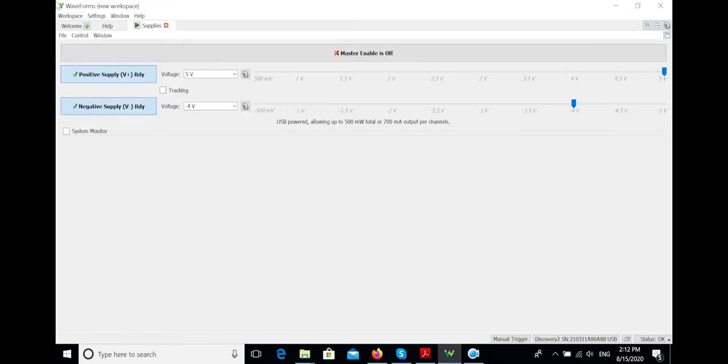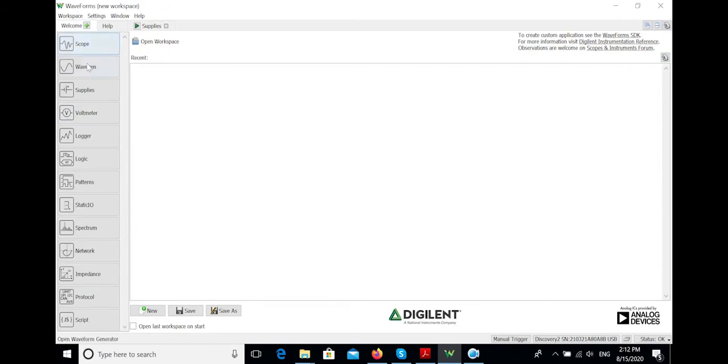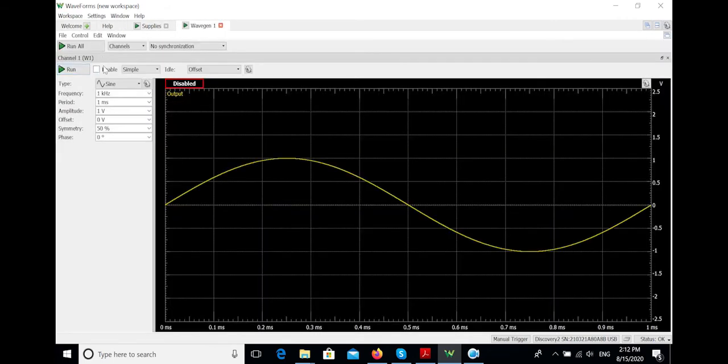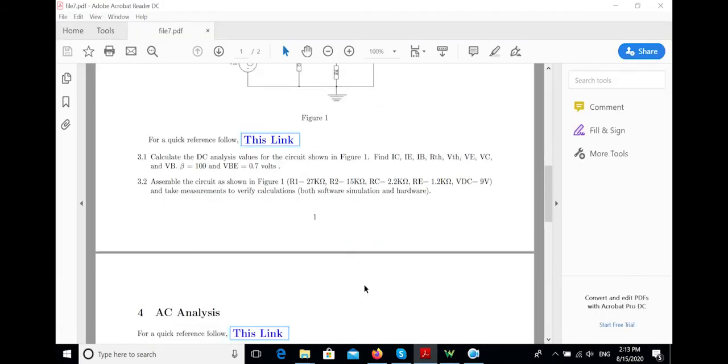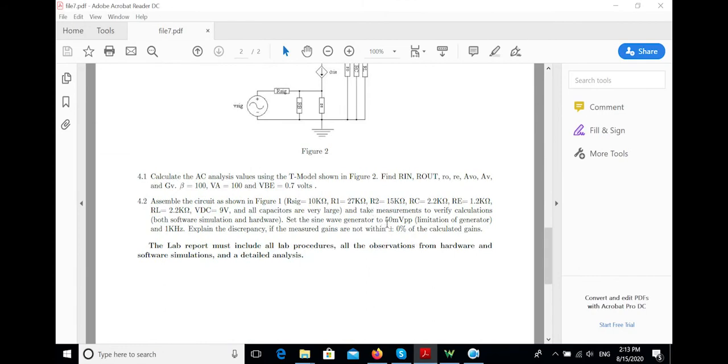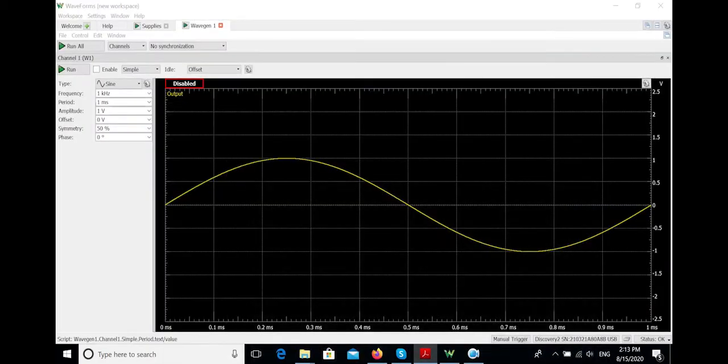Like before, you need the supplies to be connected 5, -4, and then you need the waveform generator. The question asks you to make the input 50 millivolt peak to peak, which means 25 millivolt peak, and a 1 kilohertz sine wave.